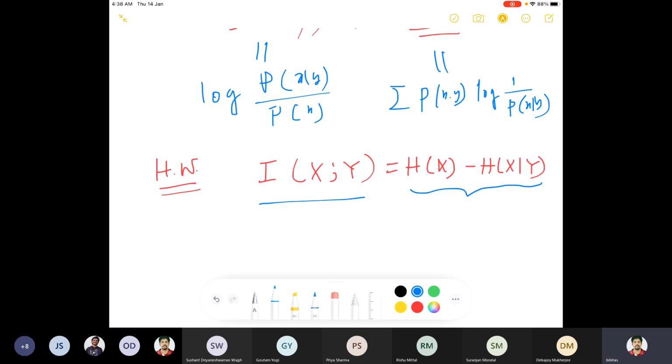The question is how? What is the meaning then? We know the meaning of each of these terms whenever we defined them. The question is, how do we relate these three quantities?